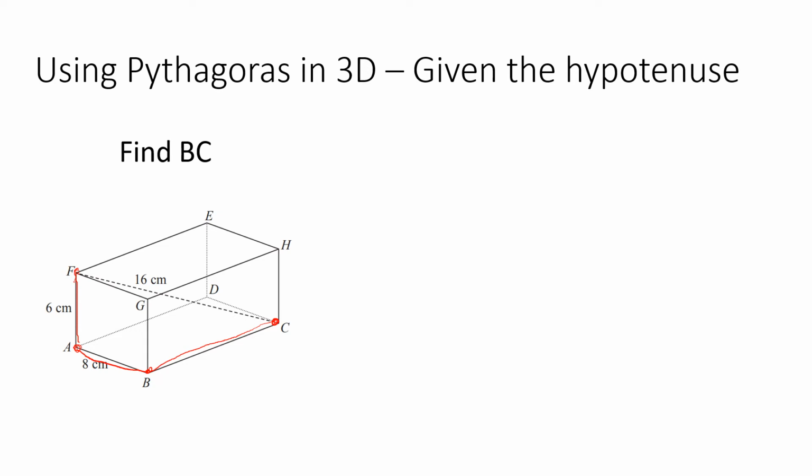Well, we can write out the formula again, except this time our unknown is a side. So we'll have something like 16 squared equals 6 squared plus 8 squared plus x squared. And then we'd have to obviously work those out. So we've got here 256 is equal to 36 plus 64 plus x squared.